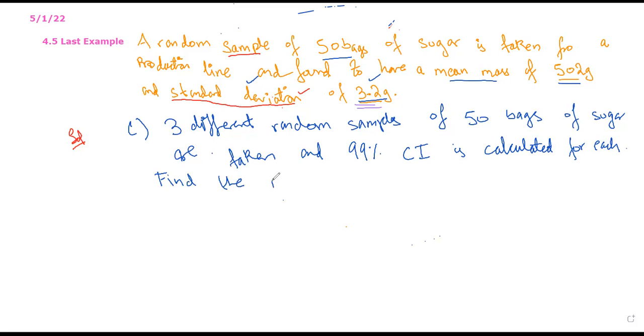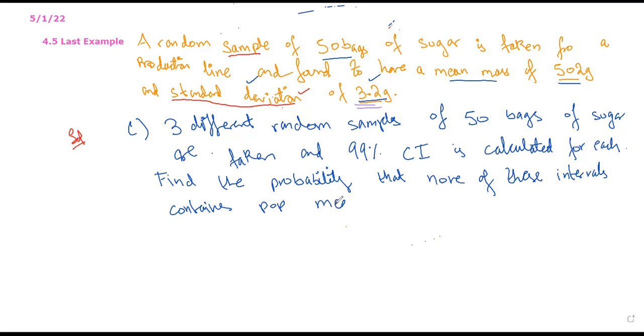Find the probability that none of these intervals contains the population mean. Now let's understand the question.